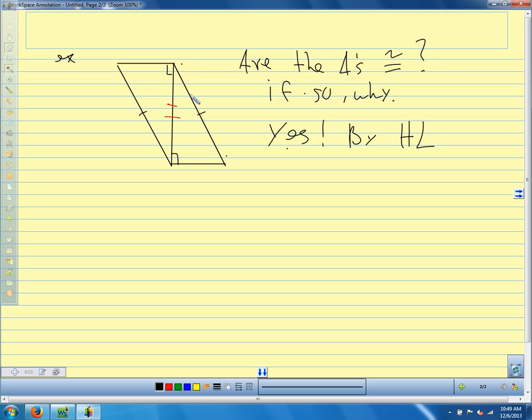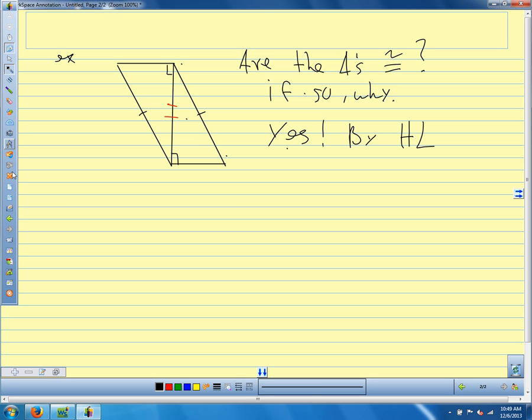We have the hypotenuse and the leg of these two right triangles. All right, questions on that example? Okay, let's look at another one.